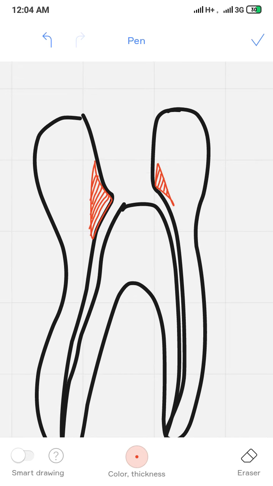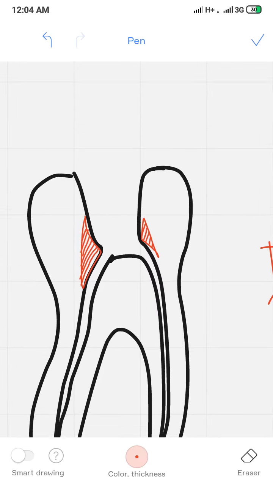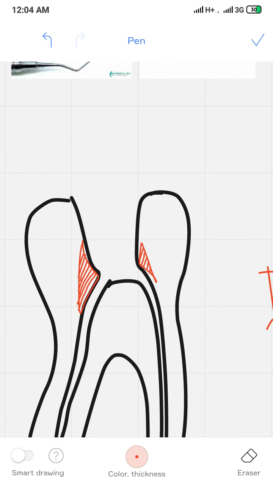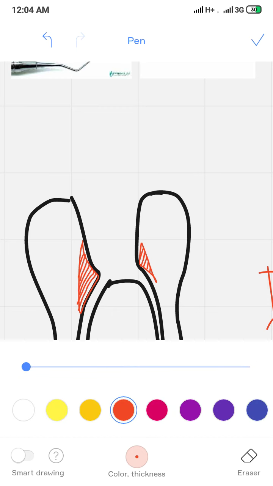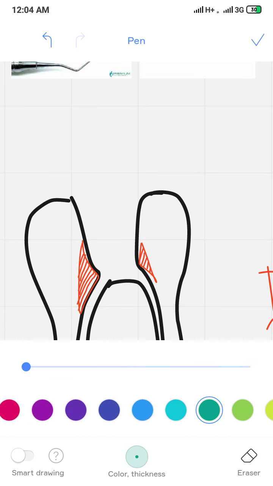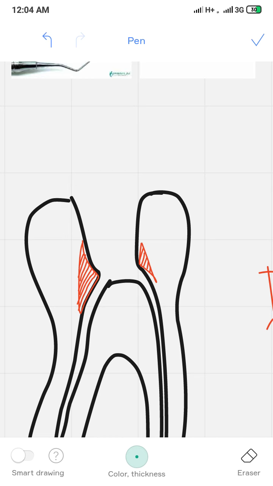So what dentinal triangles do is that they prevent your files from having a straight line access. So for example, we want our files to go like this. Let's choose a different color. We want our files to go like that inside the canal.